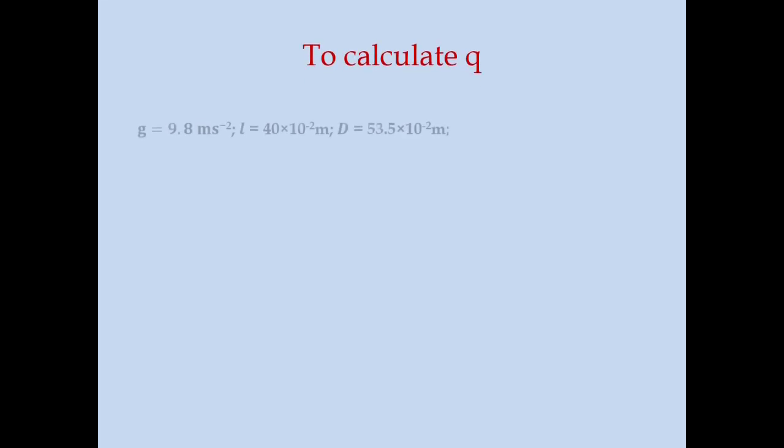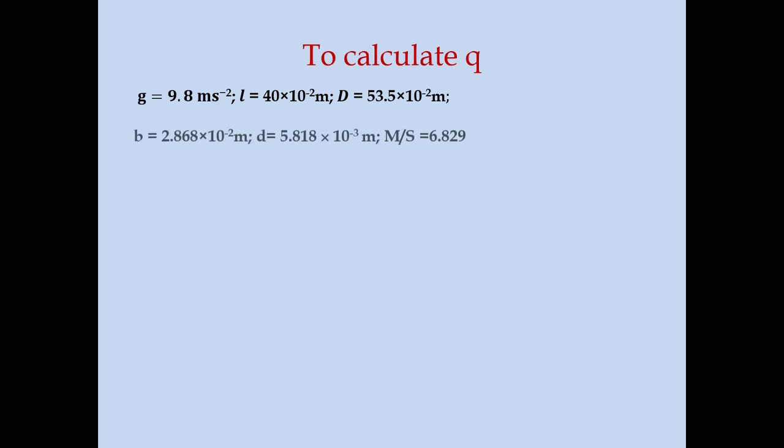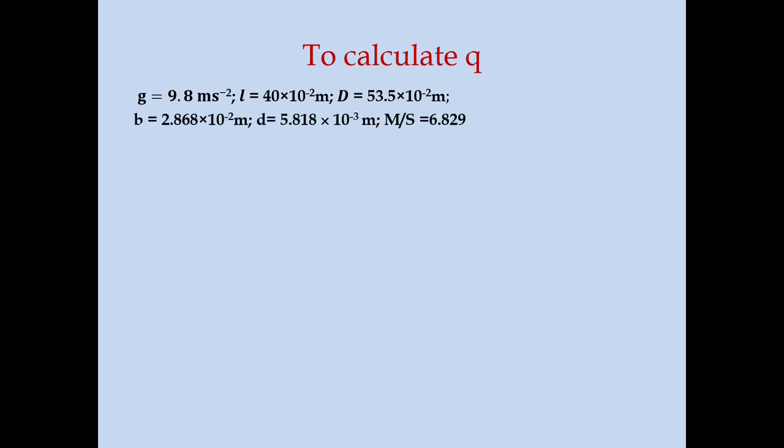Now let us do the graphical calculation. From the experimental reading, we have g as 9.8 meter per second square, L as 40 centimeters, D as 53.5 into 10 power minus 2 meter, breadth as 2.868 into 10 power minus 2 meter, and the depth we know is 5.818 millimeter. The m by s from the graph is 6.829.